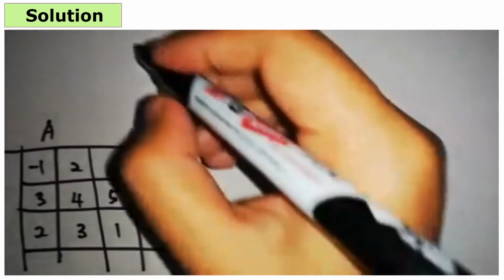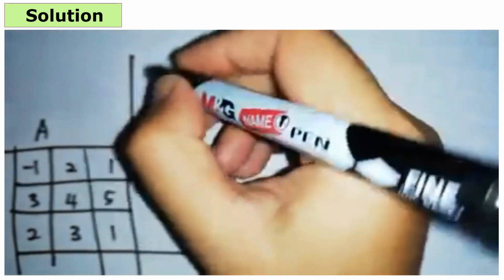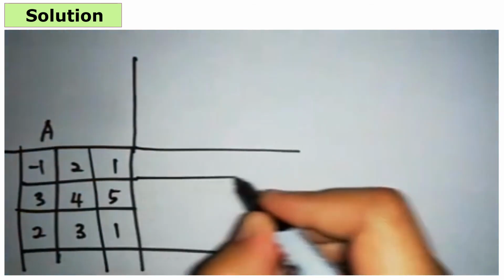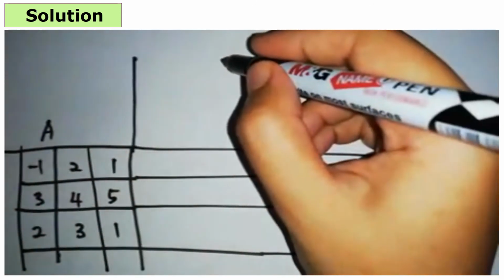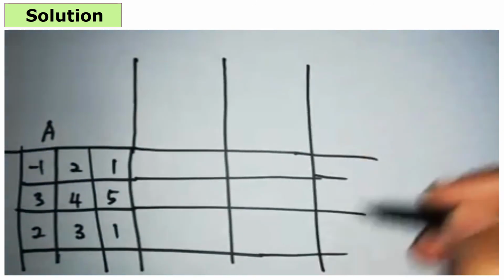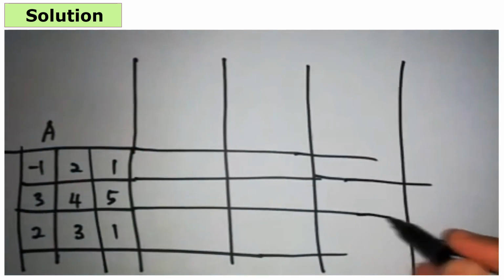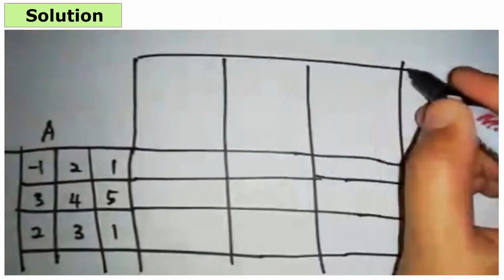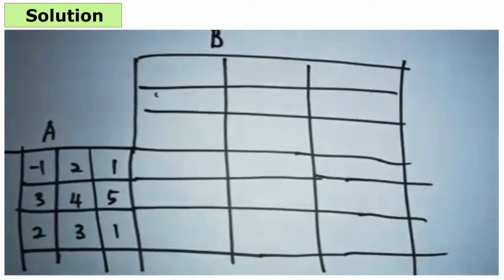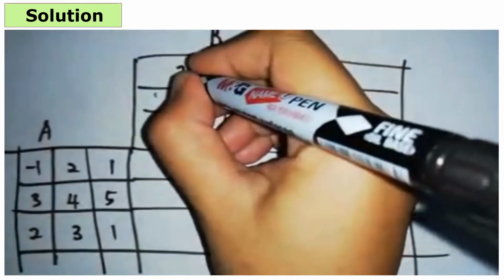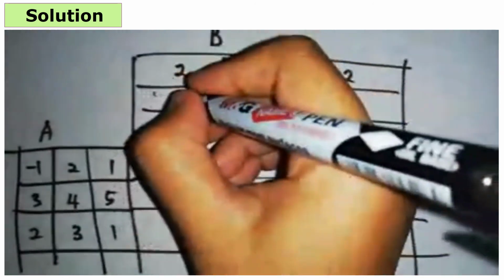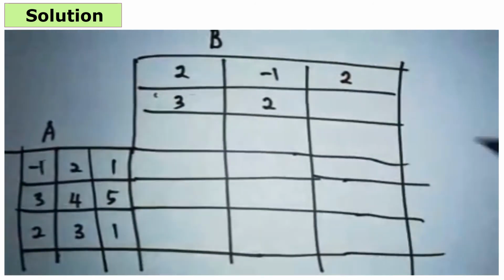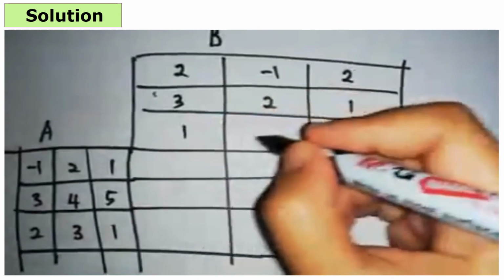Multiply with matrix B right at the top. Matrix B here, the elements are 2, -1, 2, 3, 2, 1, 1, 4, -1.